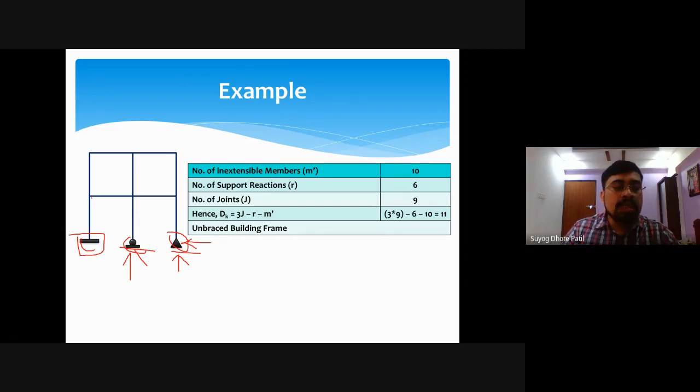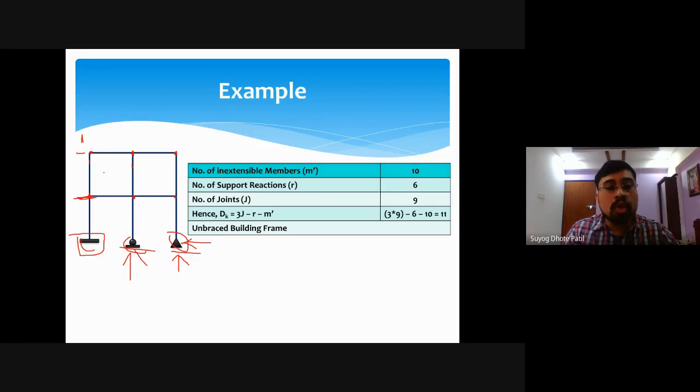But in the plane frame, we consider these joints rigid, meaning all the joints are fixed. For fixed joints, this member can't move below this level, and this horizontal member can't move beyond this member, and similarly for the others.